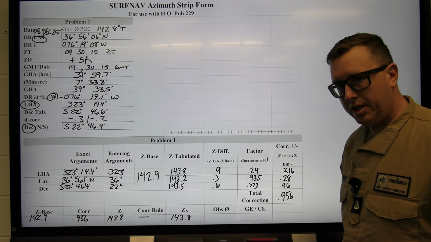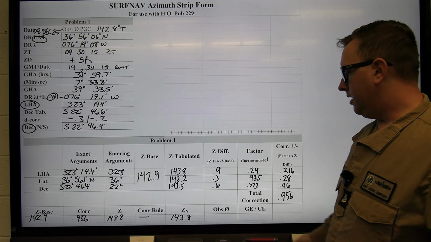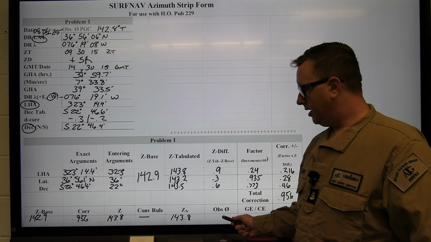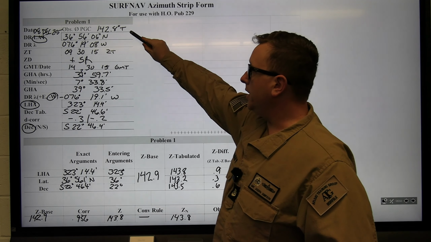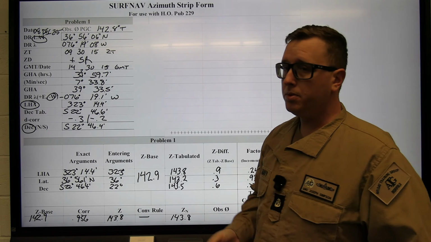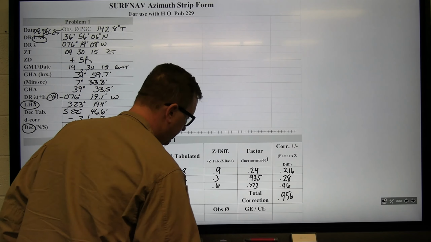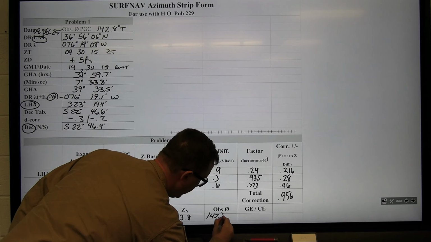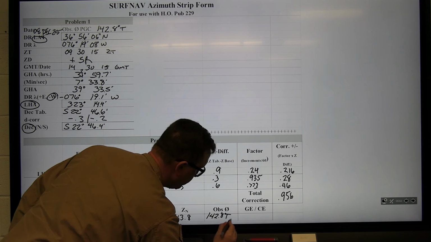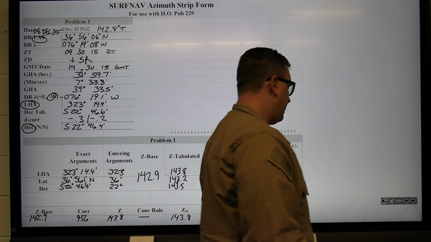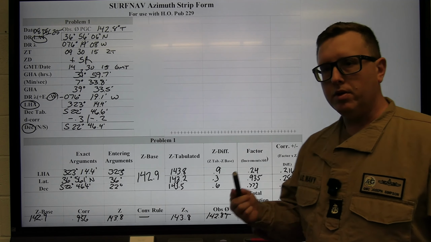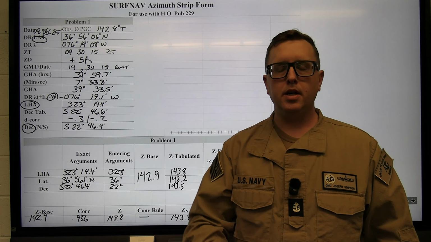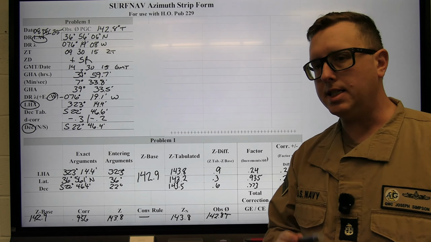Okay, almost done. Now it's asking for the observed. We wrote down up here what we observed. We observed 142.8 degrees true. Now there's a saying, if the gyro is best, it's west. If the gyro is least, it's east.